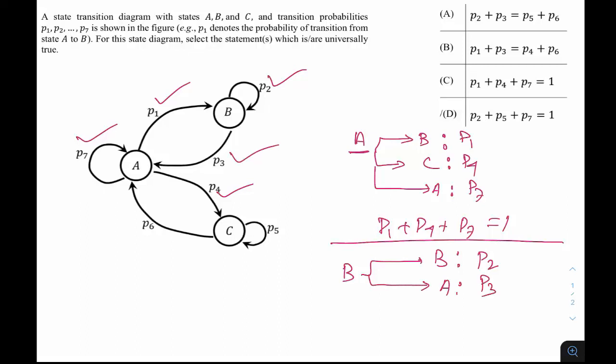From B to C, we don't have anything; you don't see any arrow from B to C. So from B there are two possibilities: it can stay at B or it can go to A. So the sum of these probabilities, P2 plus P3, equals 1, because from B there are two possibilities. If I ask what is the probability that the next state is either the same B or A, the answer is definitely 1.